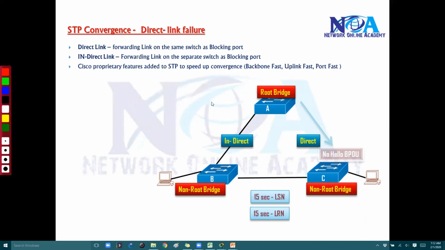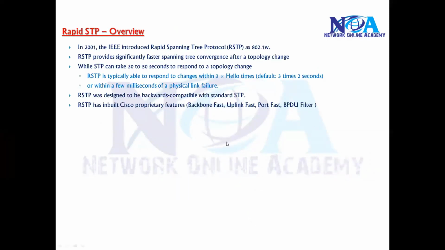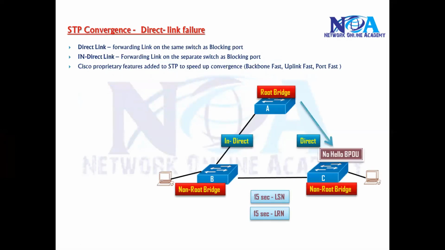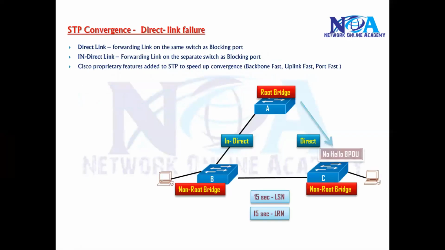But in today's networks, we need to make sure that the convergence process should be much faster in general, because we cannot restrict, like 30 seconds downtime generally means it's really not good. So we want something with faster convergence, and that's where the IEEE has come up with something called RSTP.